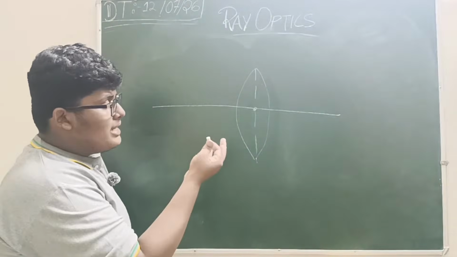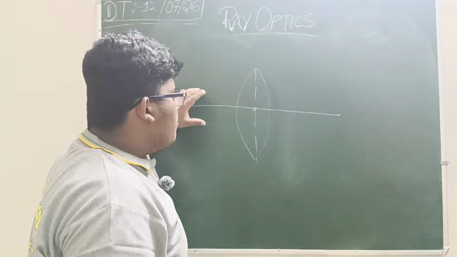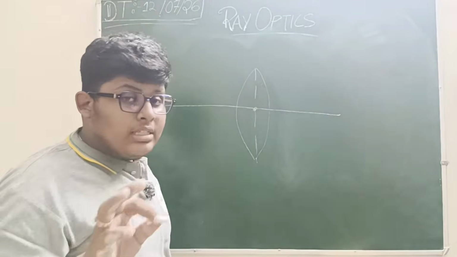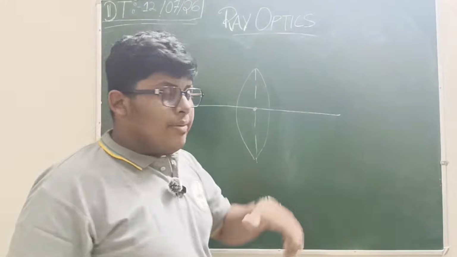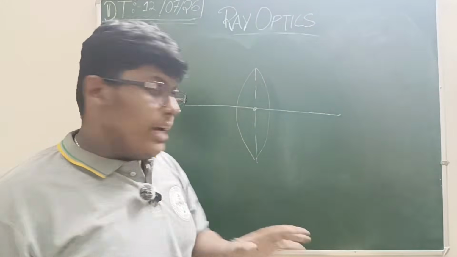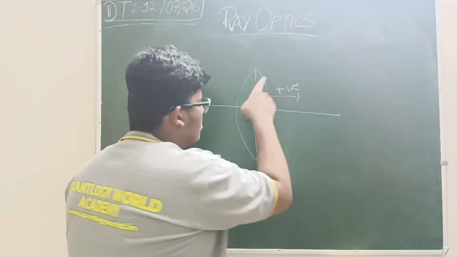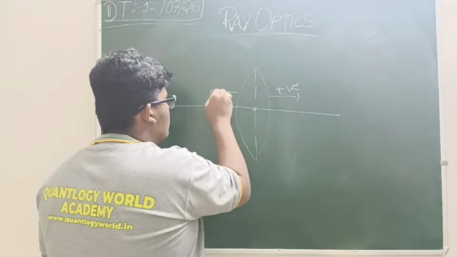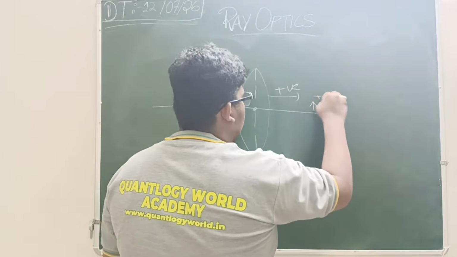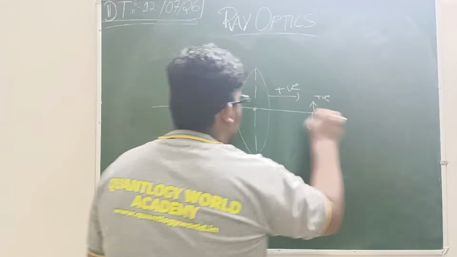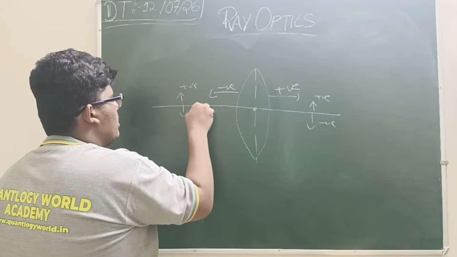And same for principal axis, anything that lies above the principal axis of the convex lens is positive, and anything that lies below the principal axis of convex lens is negative. So the sign convention is same as the sign convention of concave lens. Positive, negative.